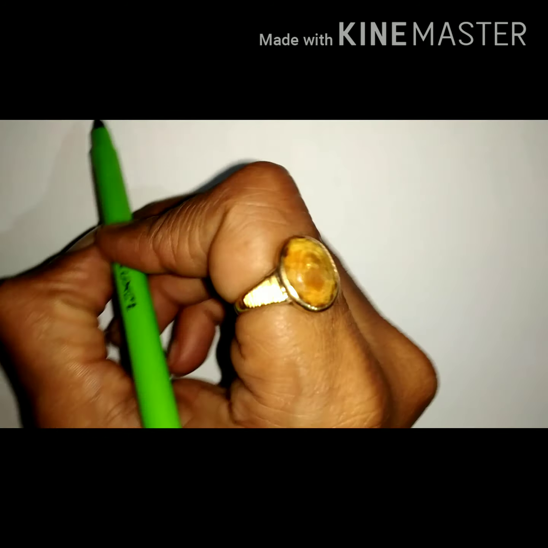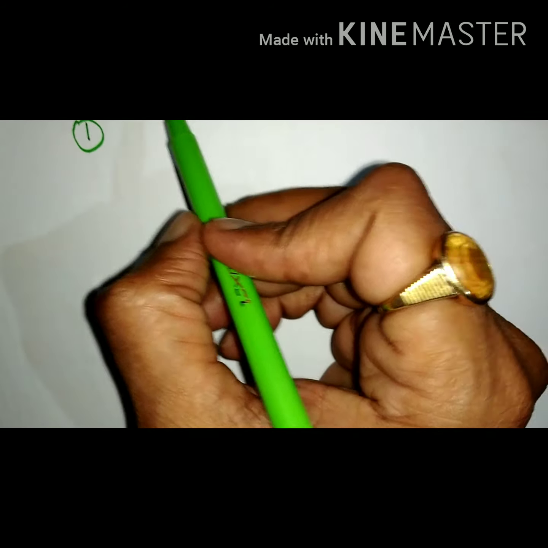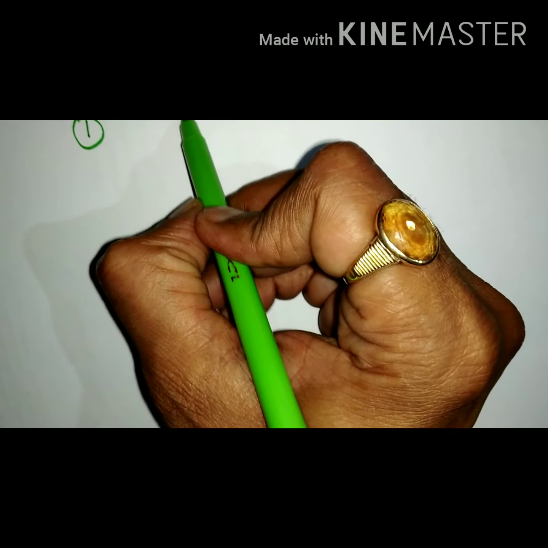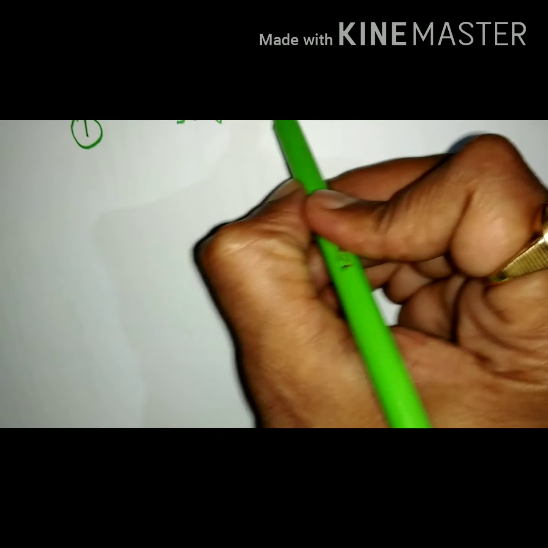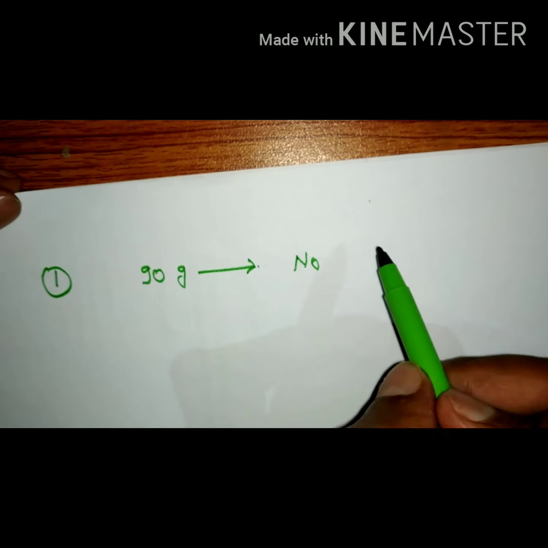So what should be the approach? First you think how you will find it. First of all, 90 gram of water you need to convert into the number of moles.